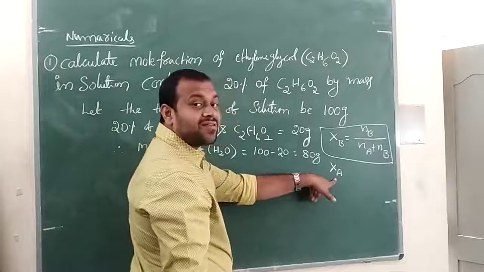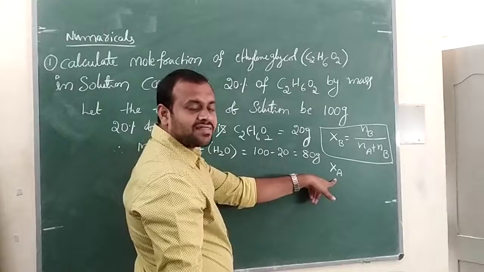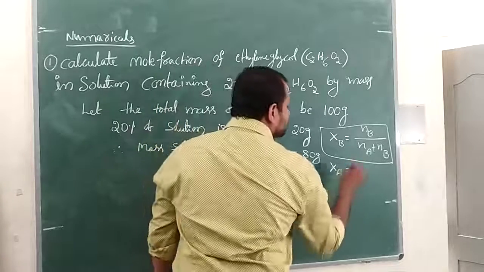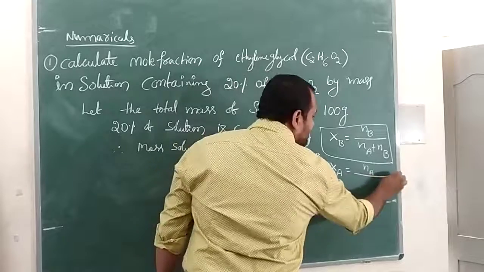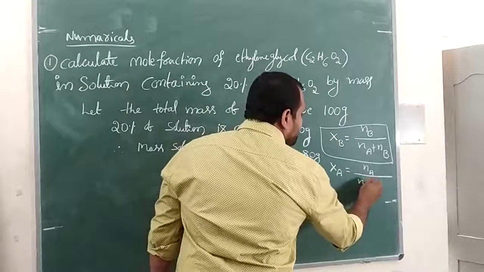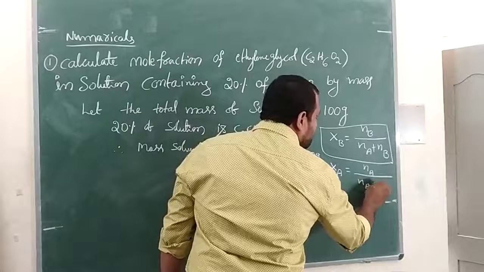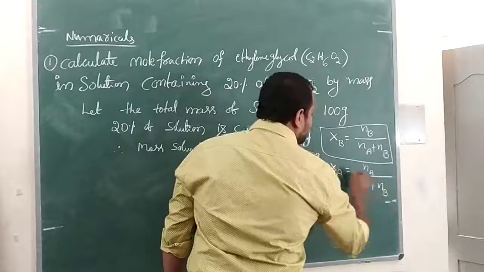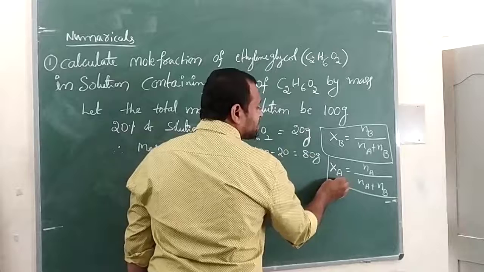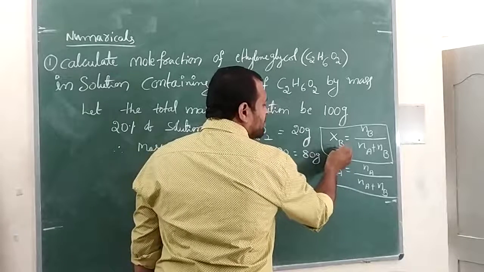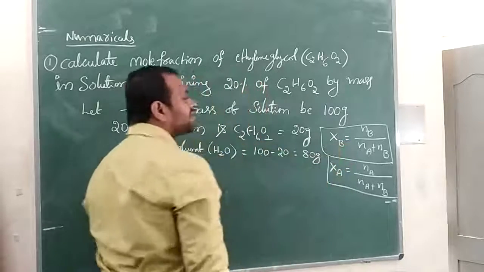Because I took solvent as A. That is equal to NA, number of moles of water, divided by number of moles of water plus number of moles of solute. So this is the formula to calculate mole fraction of water, and this is the formula to calculate mole fraction of ethylene glycol.